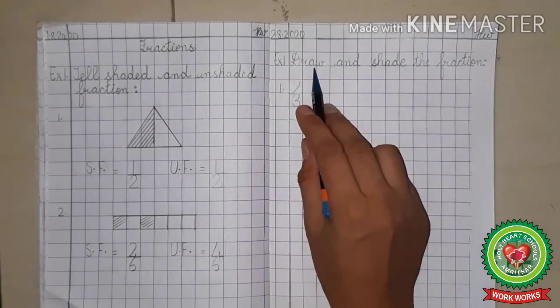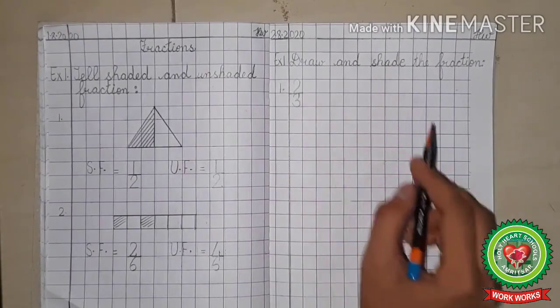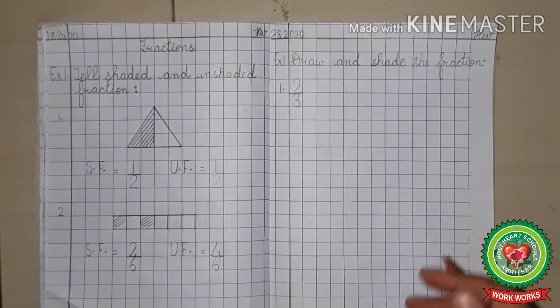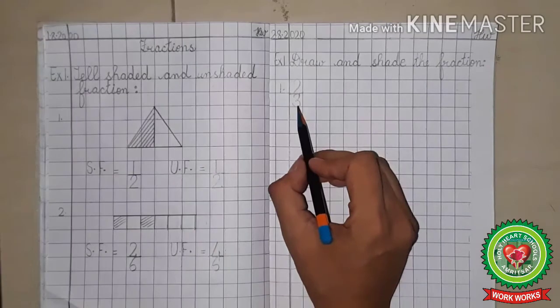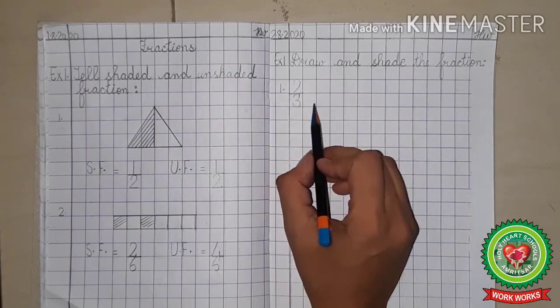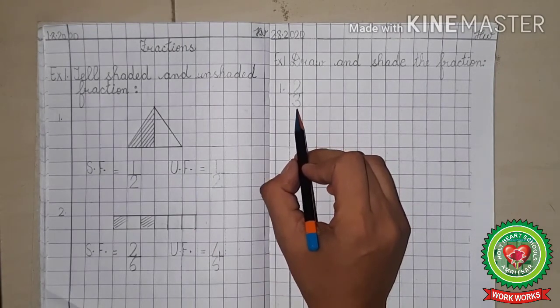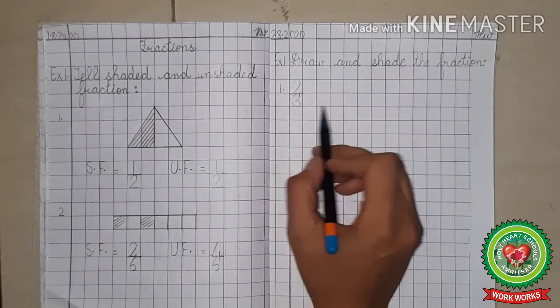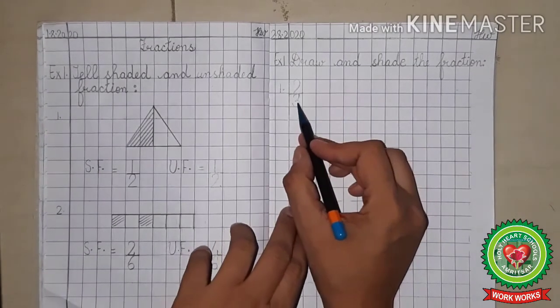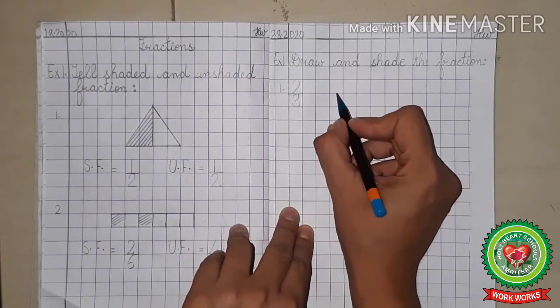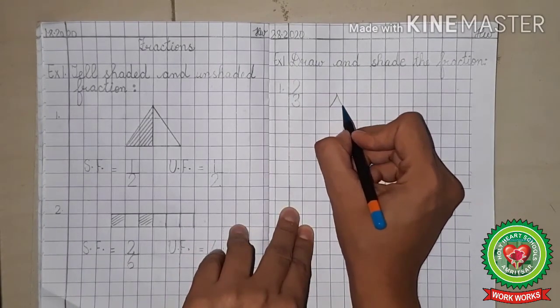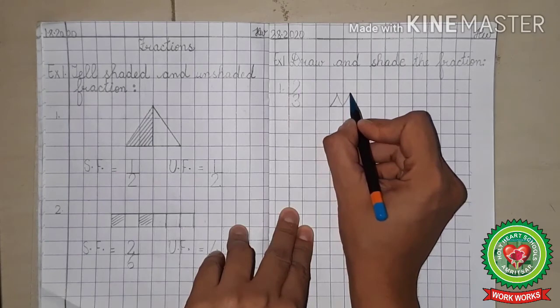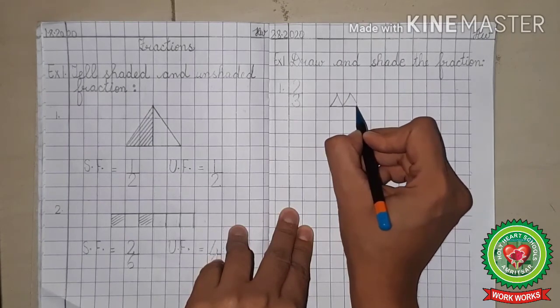You have to draw and shade both. So first of all, we will draw. What shape will we draw, and how many will we draw? We will see the number which is written below the line. So we will draw 3. You can draw circles, squares, triangles, whatever you like.